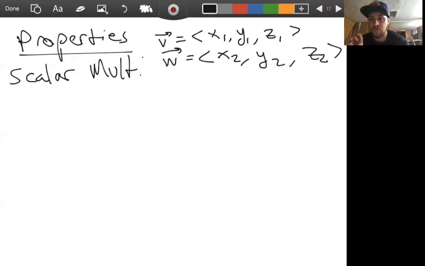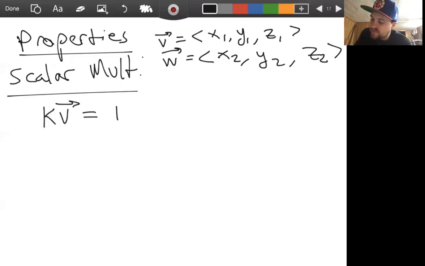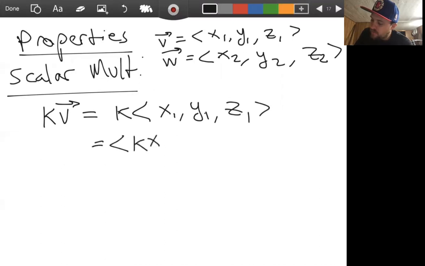Not to be confused with the points on the previous page. P and Q were points. These are now vectors. Scalar multiplication of v is the vector kv, right? Which is k times the vector <x1, y1, z1>, which is the same as <kx1, ky1, kz1>.